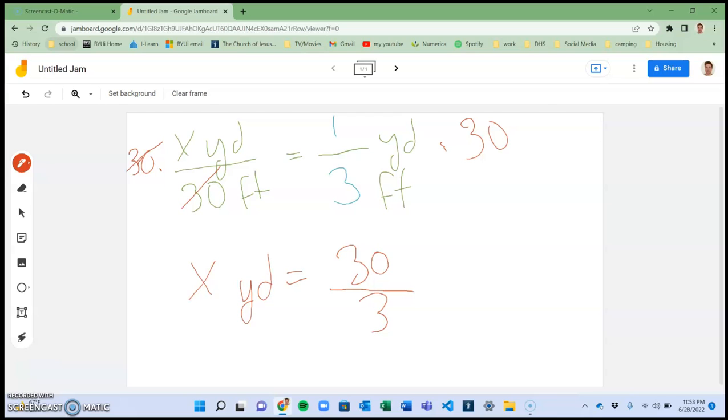And so now we're back where we were. If you remember, we still have this 1 right here. This is exactly what we were doing before. So again, 30 divided by 3, that's 10. So now we have x is 10 yards. So that's another way to think about it, using proportions.